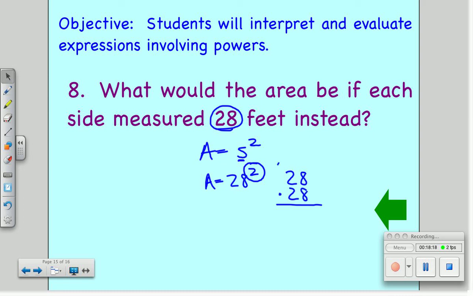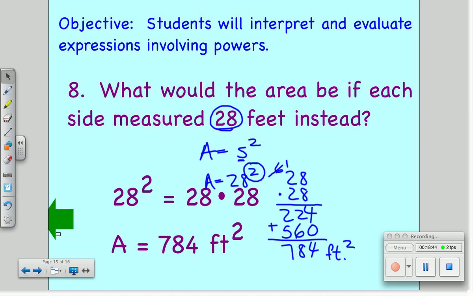So we multiply 64, 22, 0, 16, 5, and add. So our answer is 784 feet squared. 28 times 28, 784 feet squared.